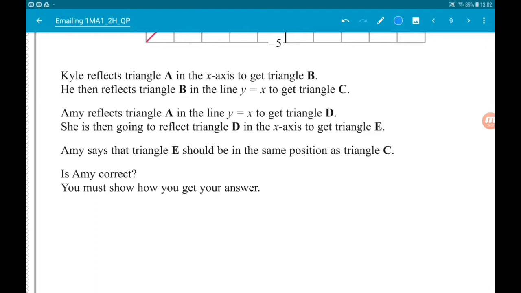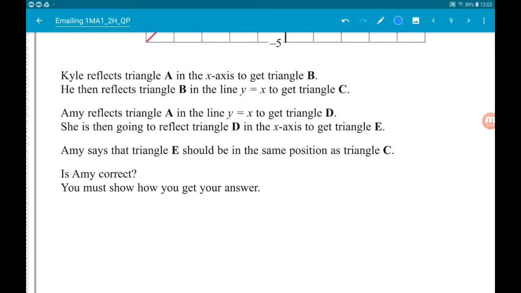Kyle reflects triangle A in the x-axis to get triangle B. He then reflects triangle B in the line y equals x to get triangle C. Amy reflects triangle A in the line y equals x to get triangle D. She then reflects triangle D in the x-axis to get triangle E. Amy says that triangle E should be in the same position as triangle C. Is Amy correct? You must show how you get your answer.